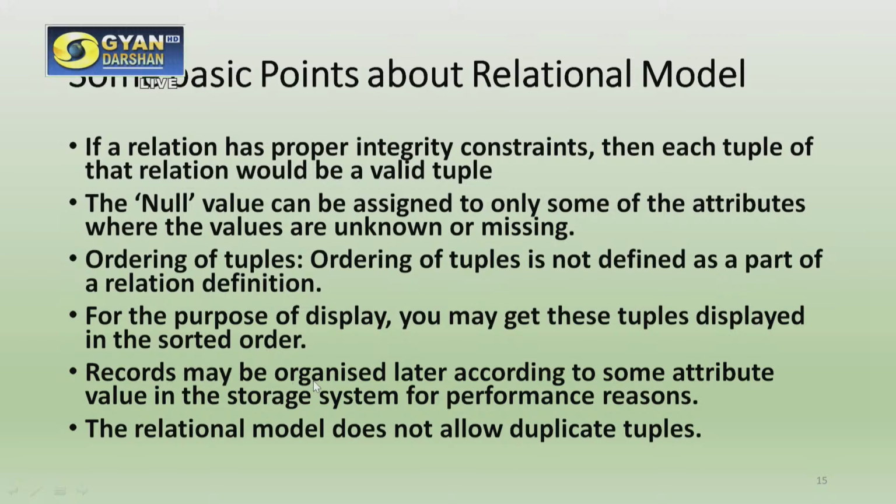Then records may be organized later according to some attribute value in the storage system for performance reasons. Now you must remember one thing in this particular situation, that a relational database management system is a secondary storage structure. Why? Because the size of the database is normally such that it cannot fit into the main memory entirely.